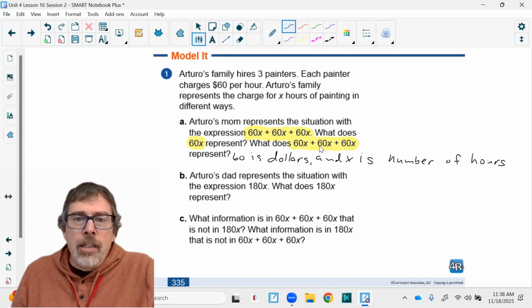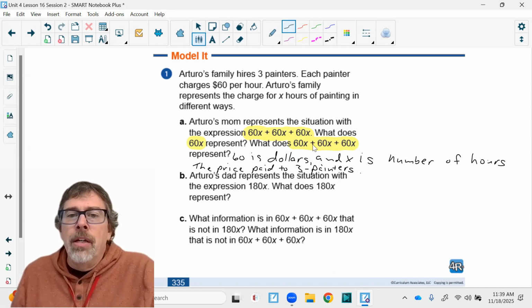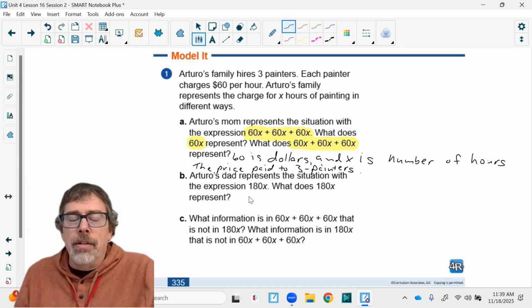What does the 60x plus 60x plus 60x represent? That represents the price they will pay for 3 painters for x number of hours. If it's 1 hour, it'd be 60 plus 60 plus 60. If they took 2 hours, it'd be 120 plus 120 plus 120, because 60 times 2 is 120, etc.